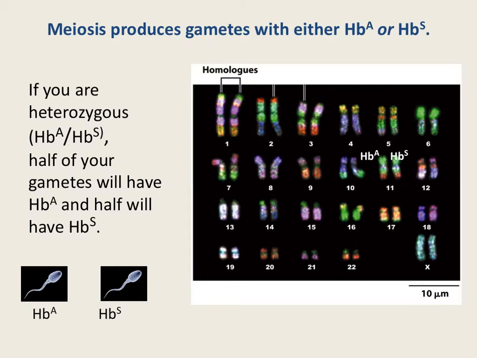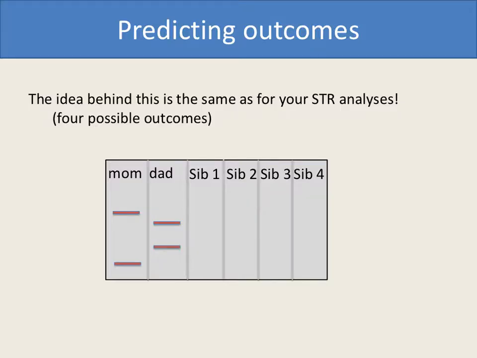So here's 2 sperm. One, you would look at them, they look pretty much identical, but one would be a mutant. Okay, if you remember about the STRs, the same sort of thing can happen. There's 4 possible outcomes here.